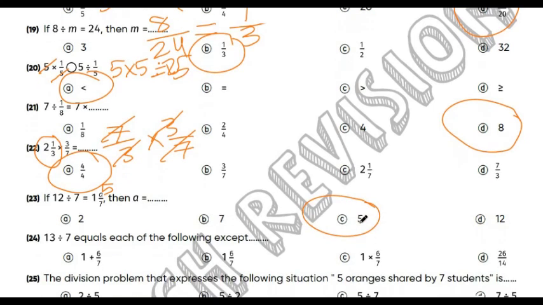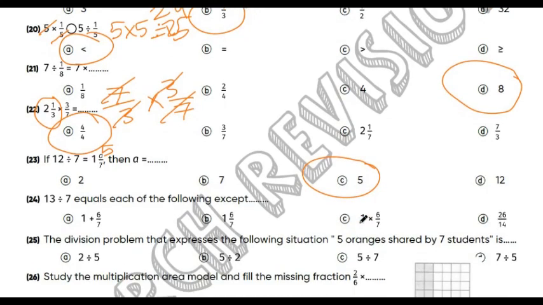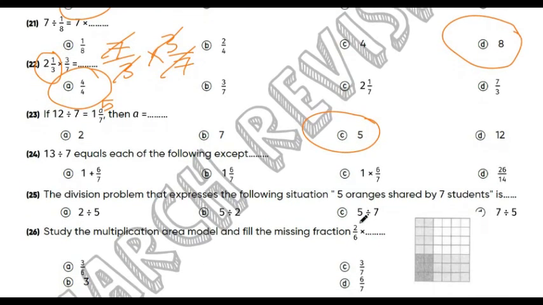13 divided by 7 equals each of the following except. Okay, 13 divided by 7. First, we want to convert this to a mixed number. The 13 has only one 7, so we subtract 13 minus 7, which is 6, so 1 and 6 over 7.